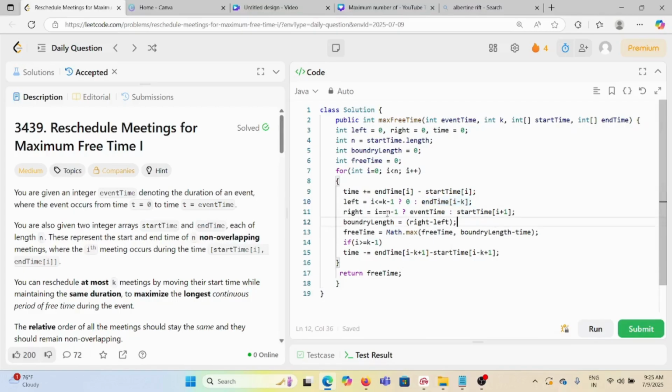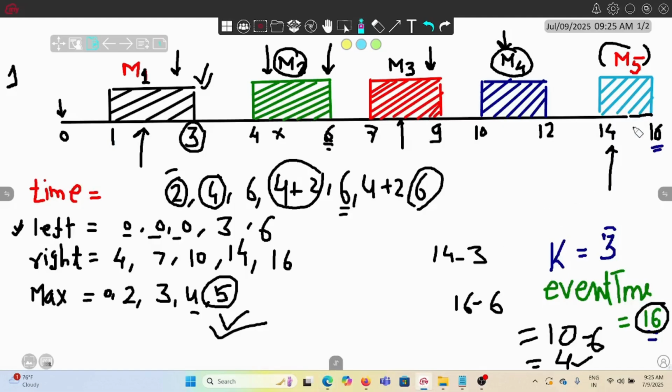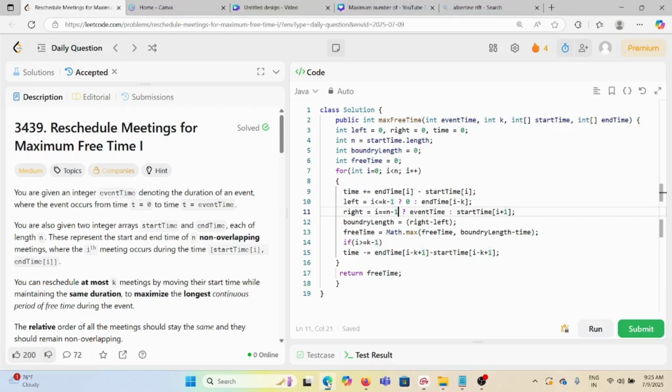Similarly, for the right also, if i equal to n minus 1, which means we are at the last one, just like when we reached here. At this point, when we were at the last point, i was n minus 1. In that case, we took this event time. Otherwise, if we are in between, then we are taking the start time of whoever is the next guy, so i plus 1 start time, right?